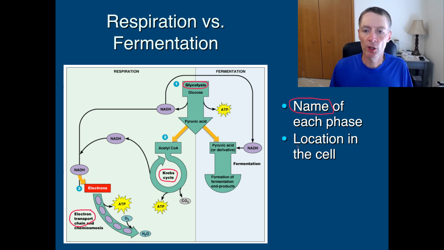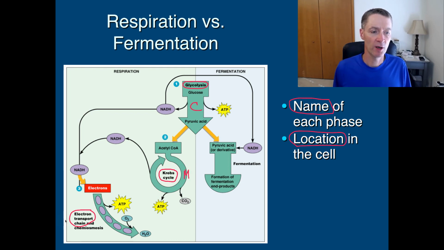You should know the location that each of these stages takes place in. So if this is one of our own cells, we want to know where in the cell this takes place. Glycolysis would occur in the cytoplasm of a eukaryotic cell. The Krebs cycle would take place in the mitochondria.